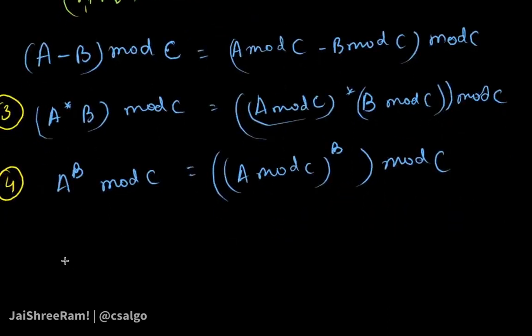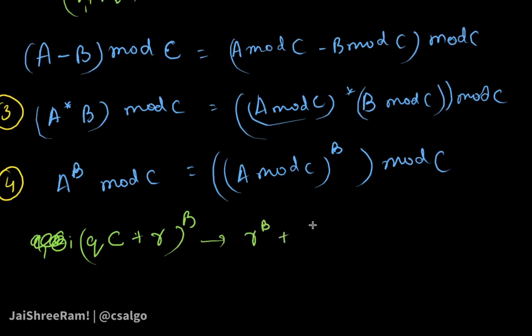So let's take a as q times c plus r, whole to the power b, right? Now this can be expanded binomially. If you open it with binomial expansion, you have b choose 0 times r to the power b, plus the rest of the terms will have this qc term, right?